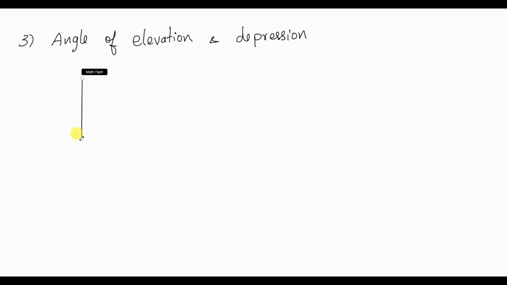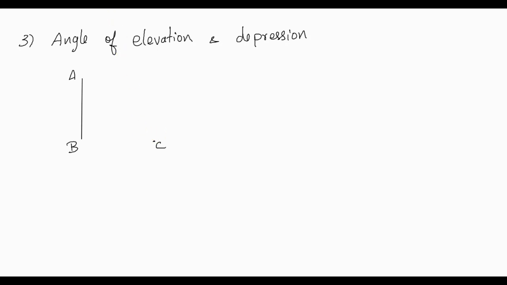Moving to the third one, angle of elevation and depression. Assume that there is a building AB and a man is standing at a particular point C here.